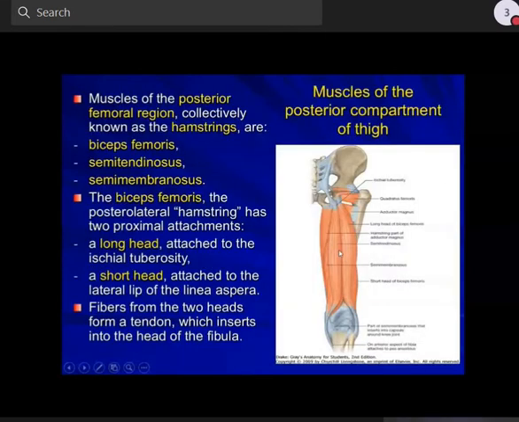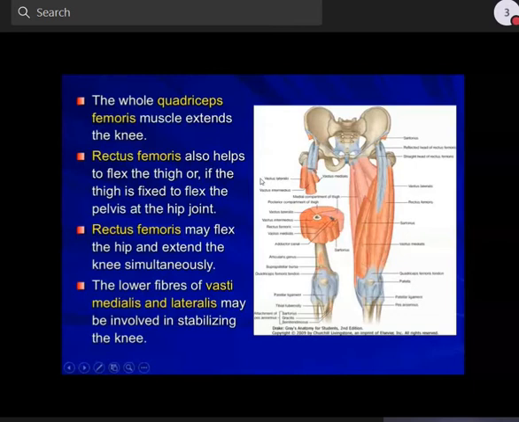The adductor compartment is arranged by 5 muscles positioned in 3 layers. So the superficial layer is composed of 3 muscles that radiate from the pubic bone. These are pectineus, adductor longus, and gracilis.